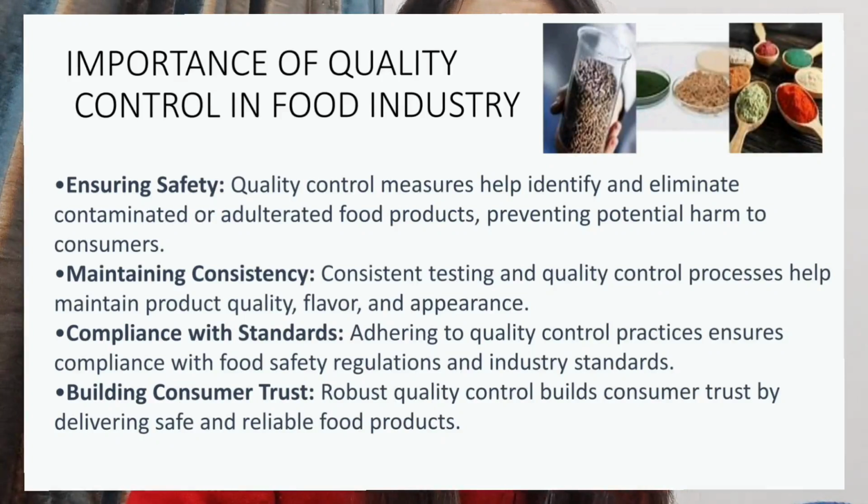So what is the importance of quality control in the food industry? First of all, it ensures safety. Quality control measures help identify and eliminate contaminated or adulterated food products, preventing potential harm to consumers. Then maintaining consistency. Consistent testing and quality control processes help maintain product quality, flavor, and appearance. Compliance with standards.